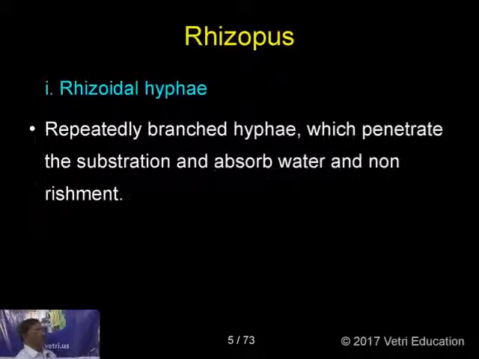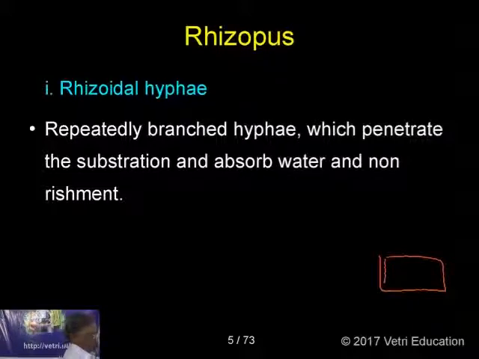Number 1, you can find here the substratum. In this substratum, it produces rhizoid-like structures to absorb food material. Those are repeatedly branched hyphae which penetrate the substratum and absorb water and nourishment from it.